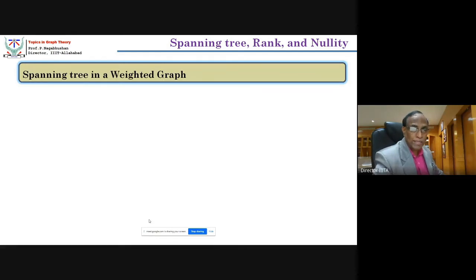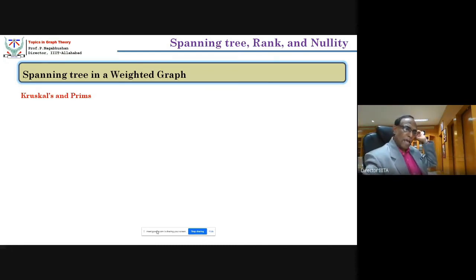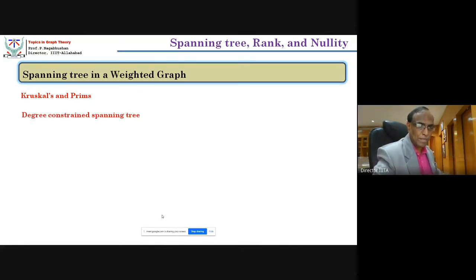Now spanning trees in a weighted graph. I have just told you that spanning trees in a weighted graph can be found by two algorithms, Kruskal's algorithm and Prim's algorithm, and I will not cover them. Please pick them up from your earlier notes of the algorithms class. You have already done Kruskal's algorithm and Prim's algorithm.